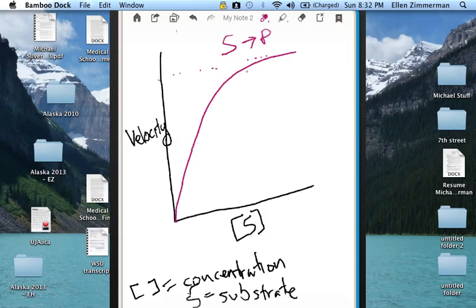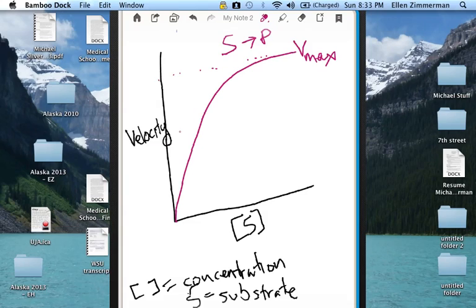The fastest it can work is when its velocity is at its highest, right? Which makes sense. And this is called its Vmax. So its Vmax is the quantity right here where it works at its highest.